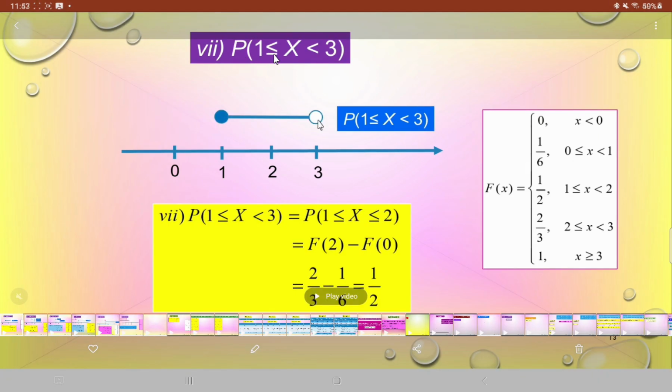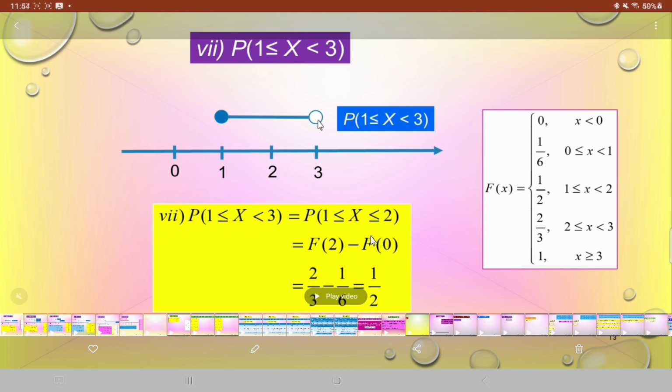Next question. Find the probability x more than or equal to 1 and less than 3. X more than or equal to 1 and less than 3 means that 3 is not included. So, probability x more than or equal to 1 and less than 3 is equal to probability x more than or equal to 1 and less than or equal to 2.